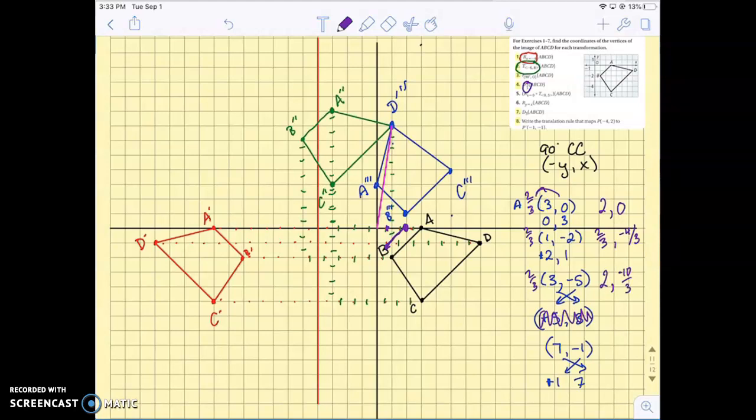So 2 and then negative 3 and a little bit more. So there's C. Do you notice how C moved on the same line? It just floated up the line towards the origin. So you got to wonder what D is going to do. I'm going to take 2/3 of 7, which is 14/3. That's almost 5, but not quite.